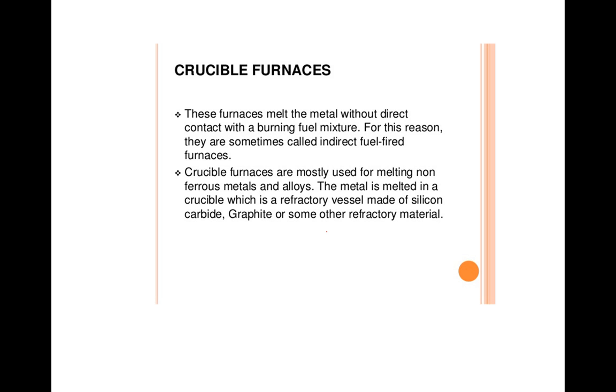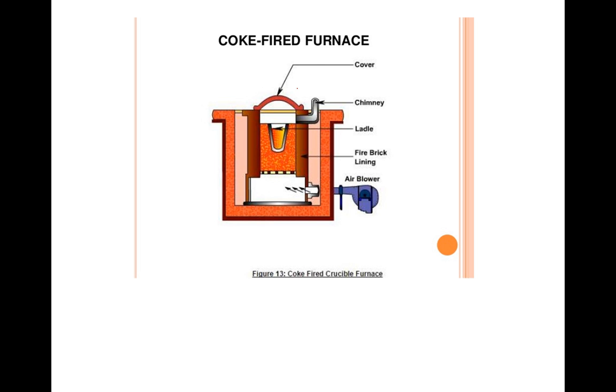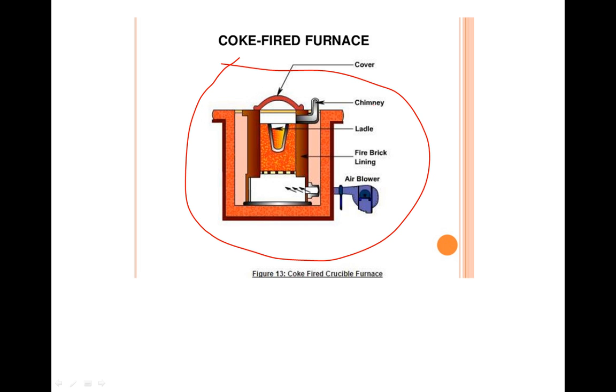So the first one is the crucible furnace. A crucible or ladle is used to take out the molten metal. This is the block diagram of the crucible furnace. This is the cover, the chimney is there, and this portion is called the ladle.